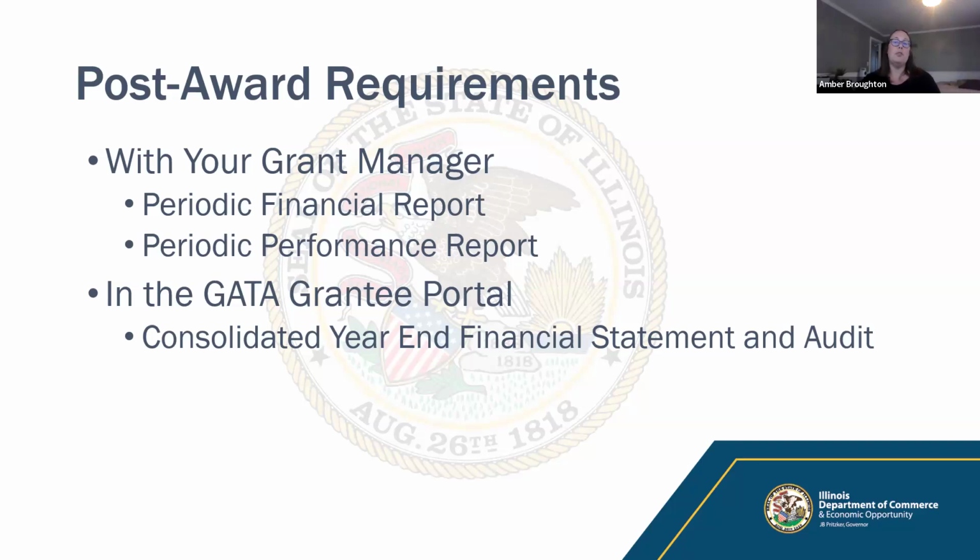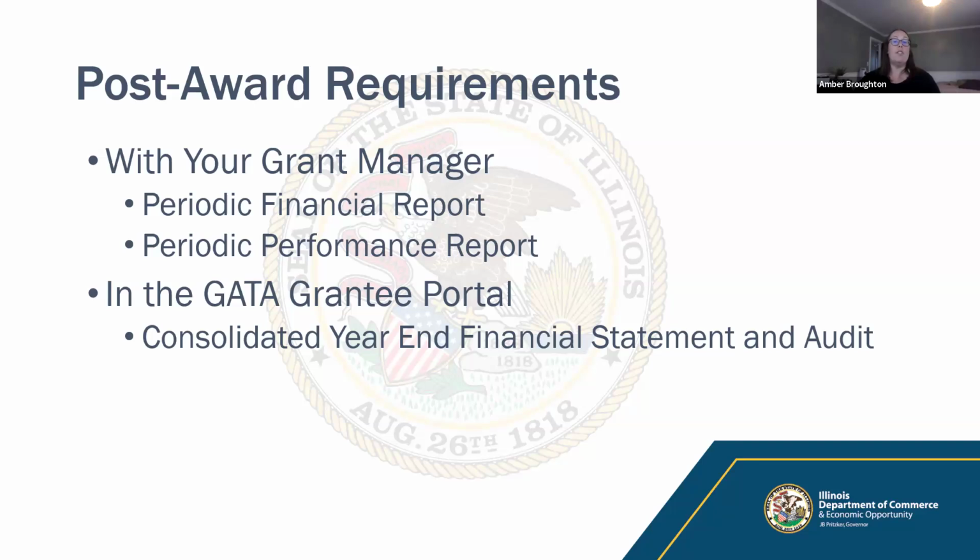These will be due to your assigned grant manager unless you're told otherwise, and you'll receive more information about that later. But it's good to know that you are going to be submitting periodic reports. Also, all of this information will be laid out for you in the grant agreement. So no surprises there. You're going to know exactly when reports are due and how to submit them.